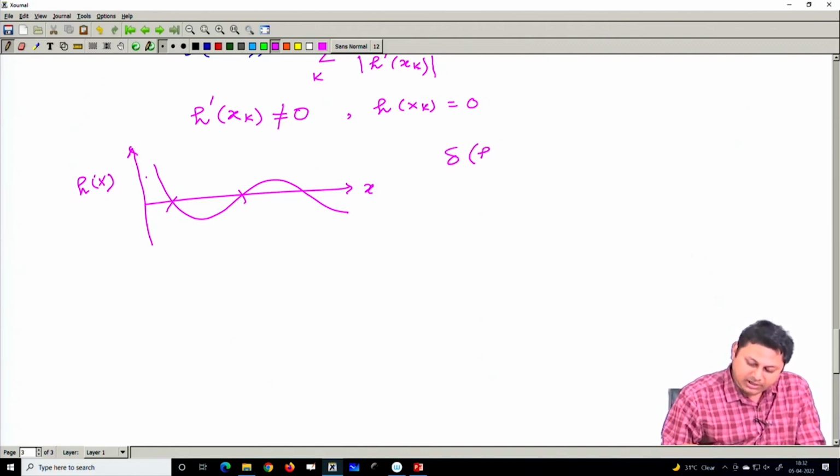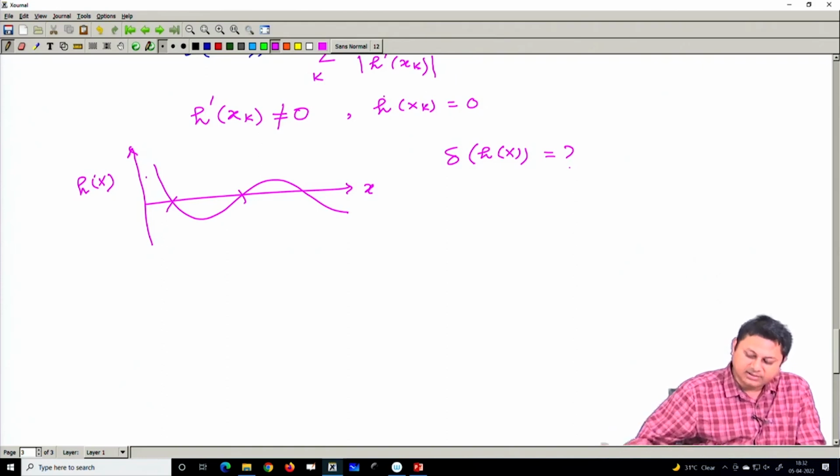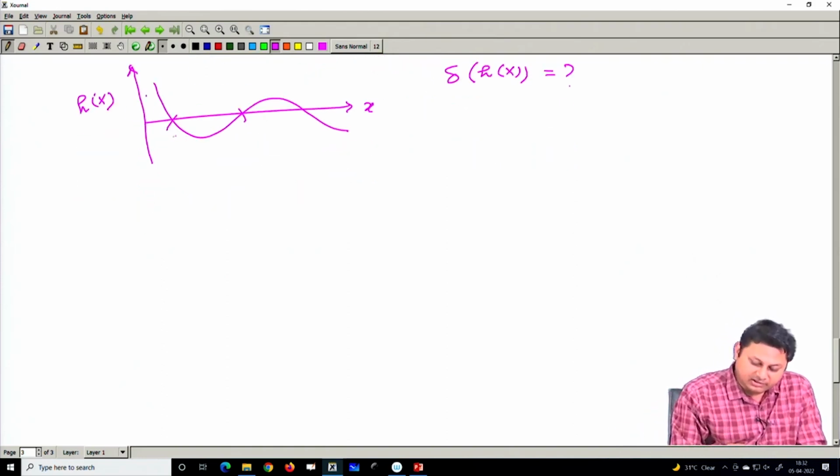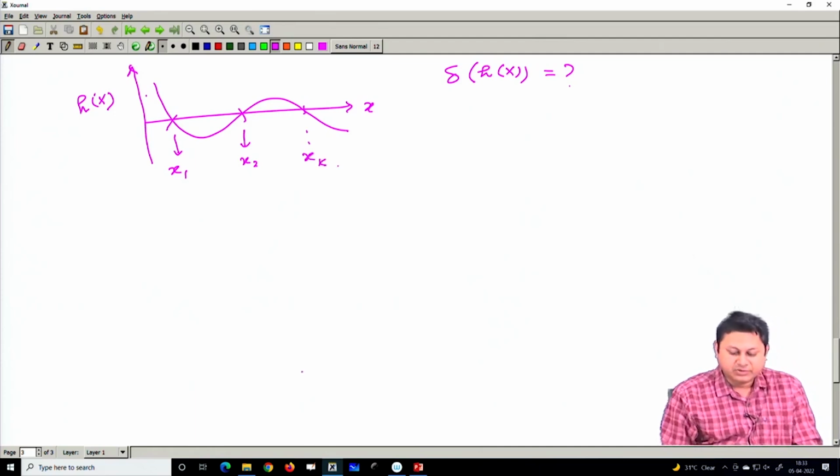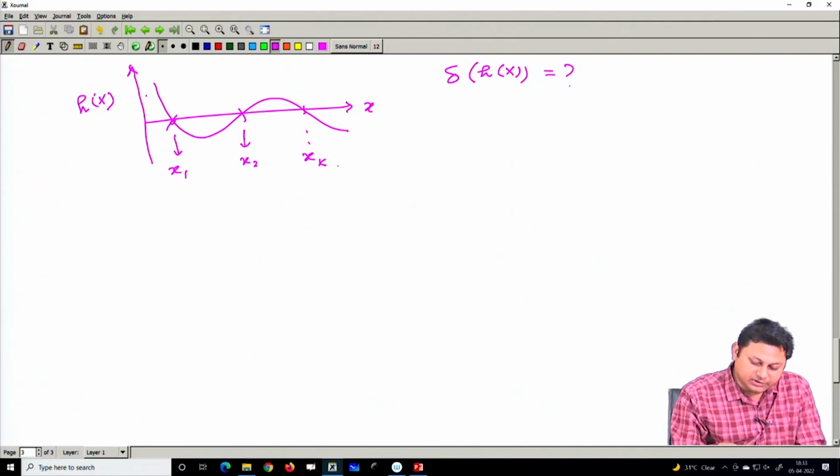In the argument we have the function h, and we want to figure out what this is. The result I already wrote. So, the point is these are the roots, say x1, x2 and so on. So, this is my kth root suppose. So, these are the roots where the function vanishes.